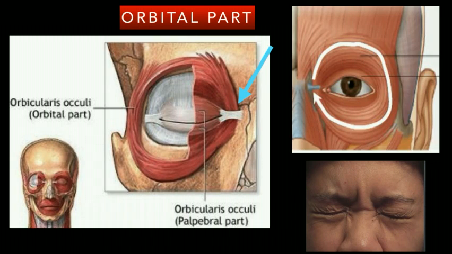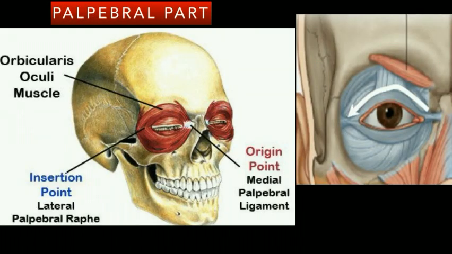Moving on to the next part, that is the palpebral part. The palpebral part originates from the superficial surfaces of the medial palpebral ligament, as you can see from the blue arrow, and then they travel laterally along the eyelids to the lateral commissure of the eye, and here the superior and inferior fibers unite and insert into the lateral palpebral ligament.